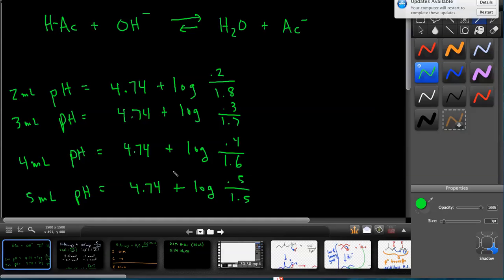And then we can go ahead and calculate these values, and I'm going to do this real quick. Then I'm going to pause the screencast and simply fill in all of those values up until 9 milliliters, just to save us time so this podcast doesn't go on forever. So again, 4.74 plus the log of 0.2 divided by 1.8.